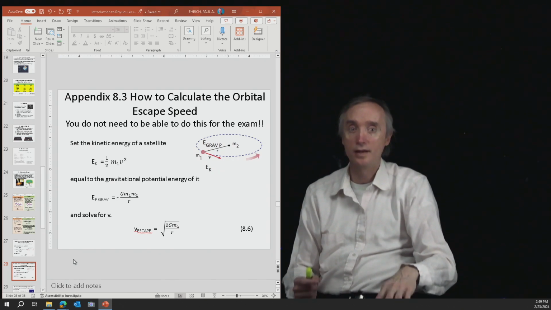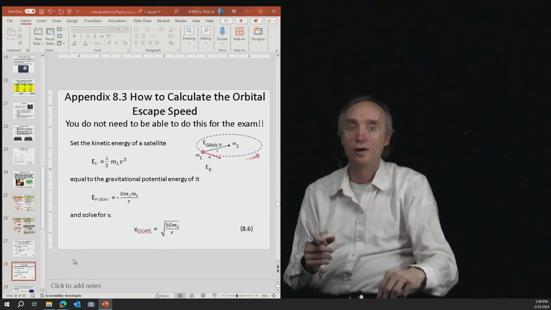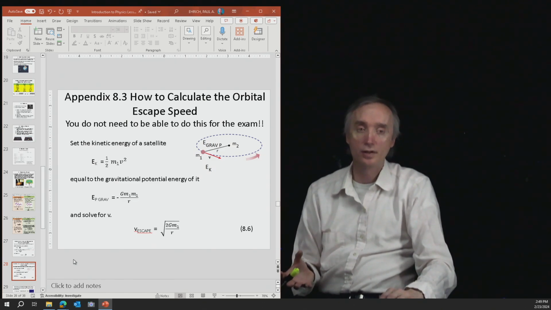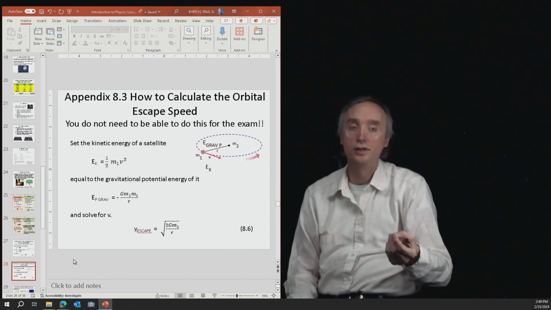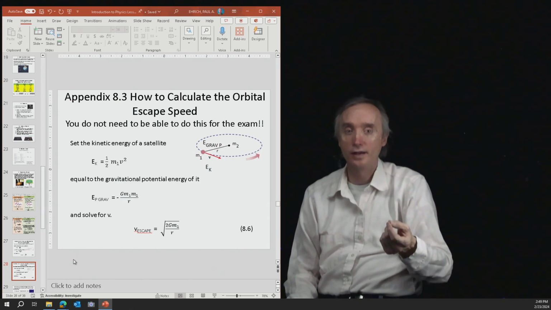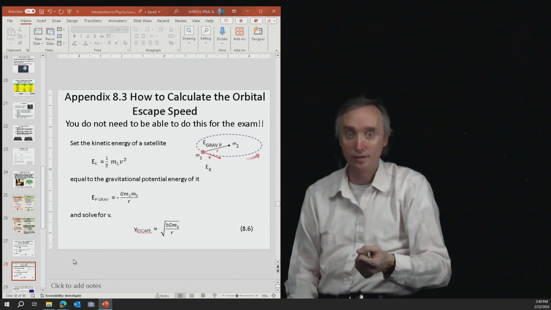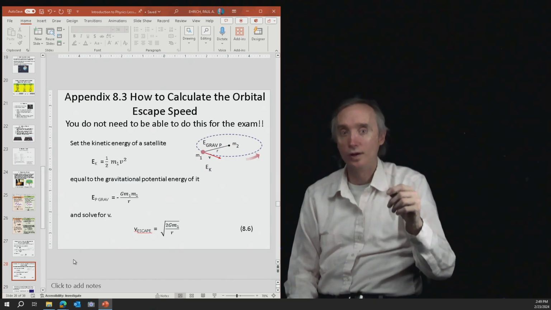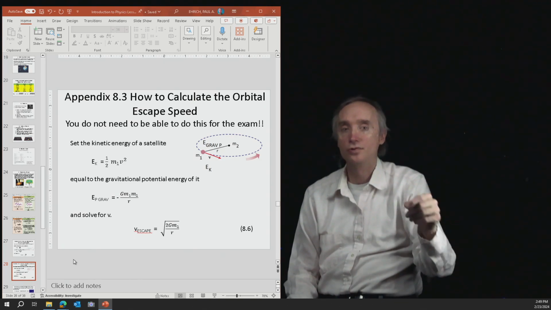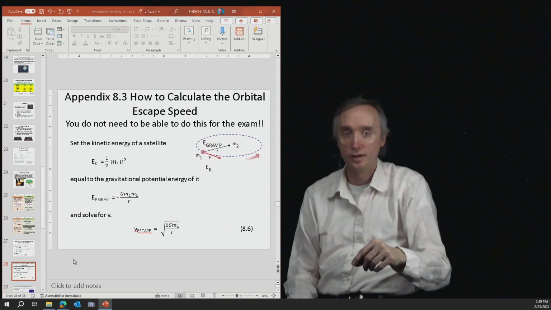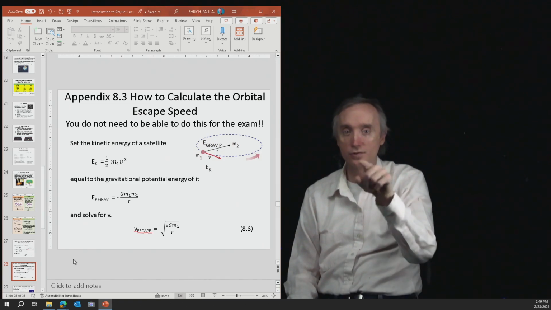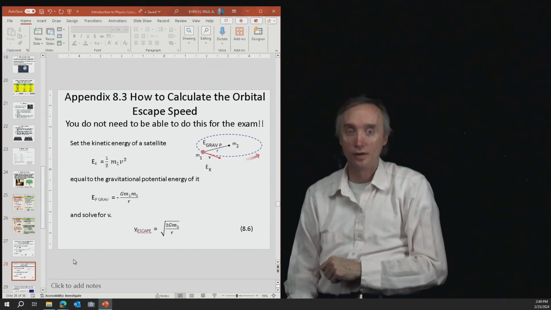Do you remember that if the two of them were equal to each other and you got 0, then you would be traveling at the escape velocity. So we're going to set the kinetic energy, which is 1/2 mv squared, equal to the potential energy, and then again solve it for the letter V, and then that's where you get the escape velocity from.